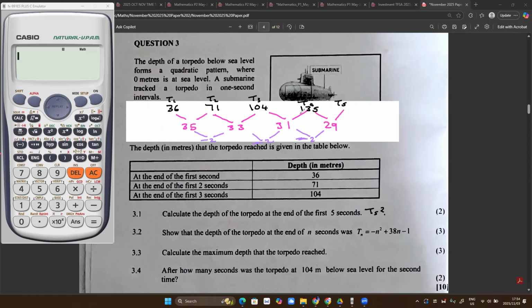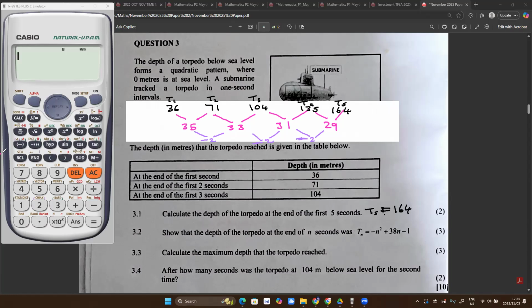And then 135 plus 29, that's going to give us 164, right? Okay, now, so that's T5. So T5 is equal to 164. Now they want us to show that the depth of the torpedo at the end of n seconds was this formula.